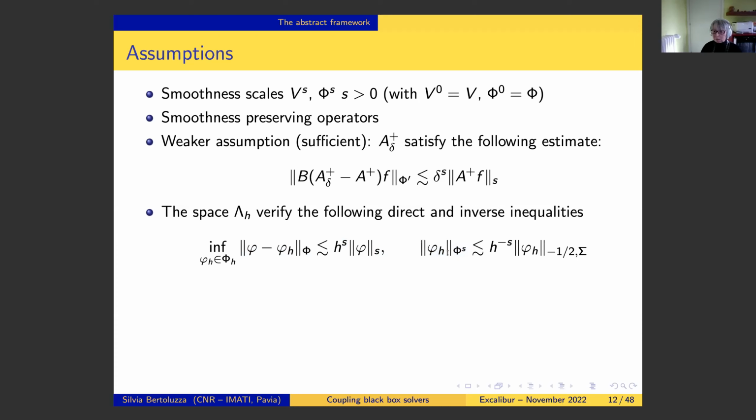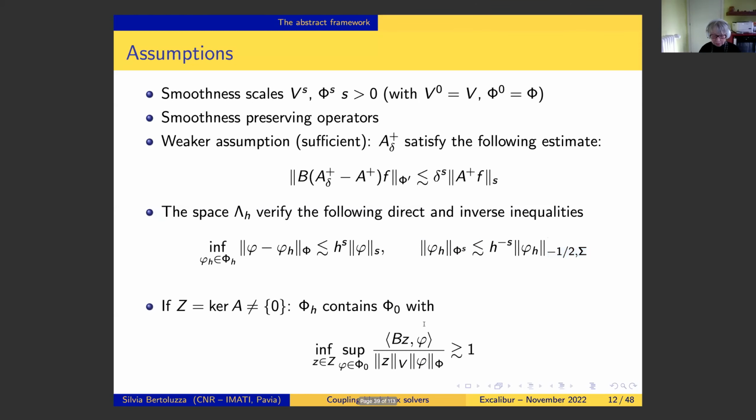So my discrete functions have a certain degree of regularity, and the stronger norm is less than the mesh size to the minus s times the weaker norm. And also here I have another misprint. This should be phi, because we are in an abstract framework.